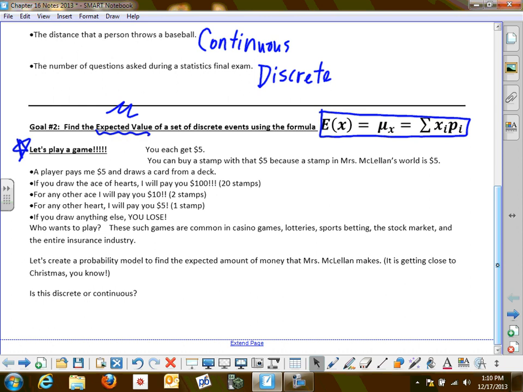If you draw the ace of hearts, what's the probability of you drawing the ace of hearts? 1 out of 52. Then I'll give you $100 back. What did you actually profit? You got 95 bucks. If you paid me $5 first, I gave you 100. Okay. Good?